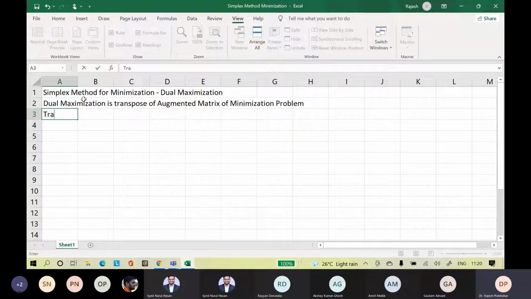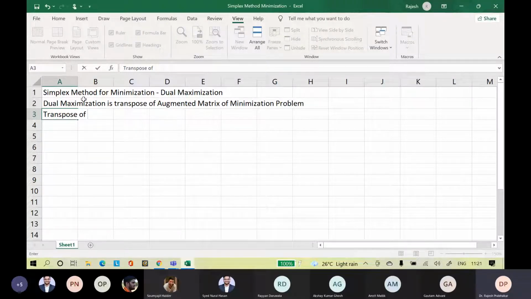When I say transpose, what is transpose basically? Is it inverse, sir? The transpose means the rows are converted into columns and columns are changed to rows.